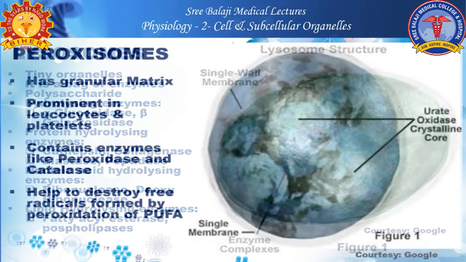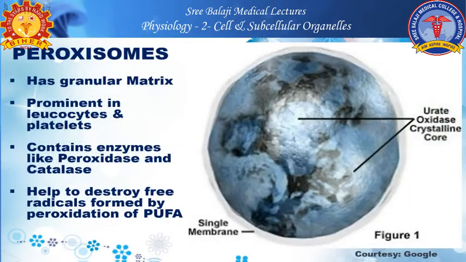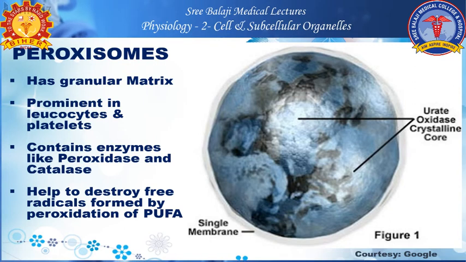Now we talk about peroxisomes. This is another cellular organelle. This has got a granular matrix, and it is very prominently present in WBCs, leukocytes and platelets. They contain enzymes like peroxidase and catalase. The function of the enzymes is to destroy free radicals formed by peroxidation of polyunsaturated fatty acids.